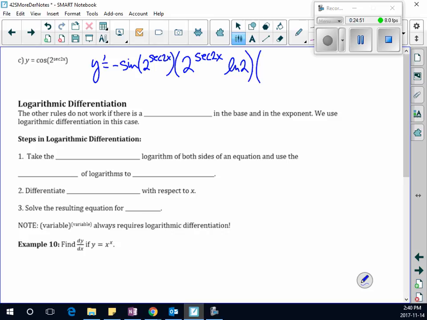So what's that? Yeah, secant 2x tan 2x times 2. So I'm going to put the 2 in front there. Watch when you say secant tan. It's secant of the 2x, tan of the 2x, right? And then the derivative of the 2x is the 2.